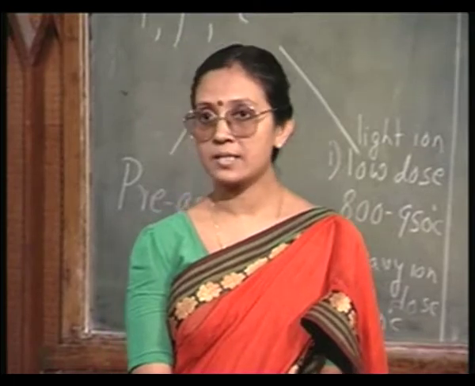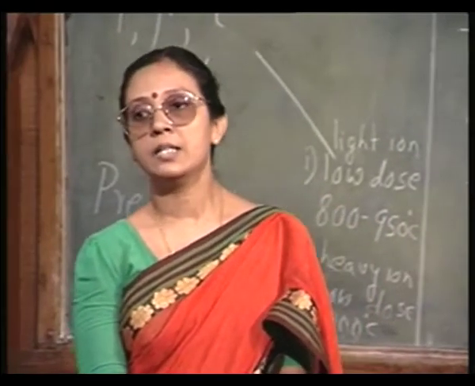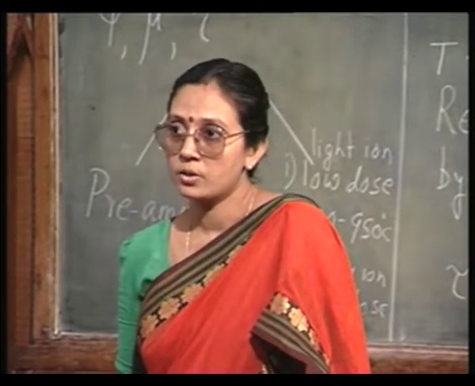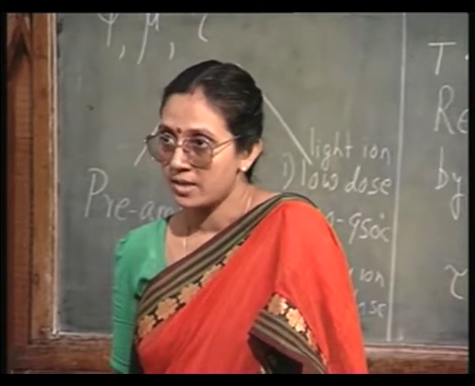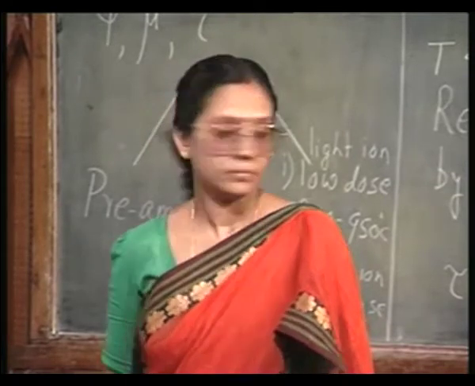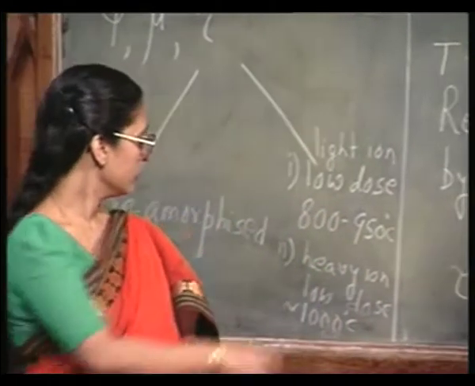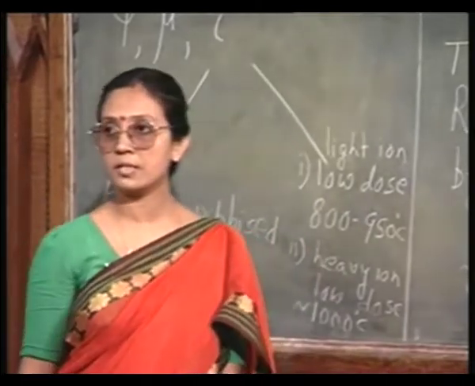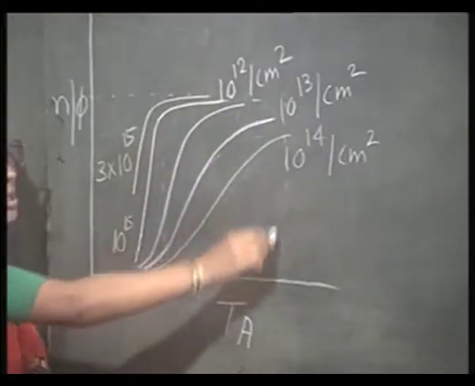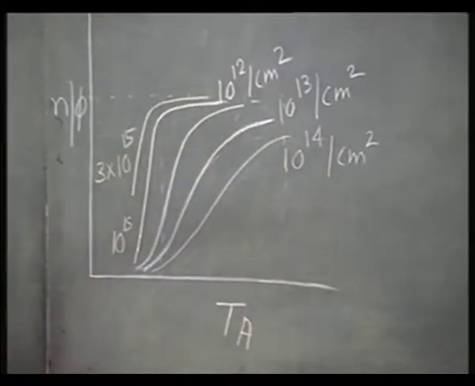So, in that case, you see, the annealing schedule depends entirely on the dose. The lighter dose gets annealed faster, the heavier dose gets annealed later. Okay. So, by 1000 degrees centigrade, everything will get annealed out. This is what we see. This is at around 800 to 900 degrees centigrade. So, by 1000 it gets completely annealed out.